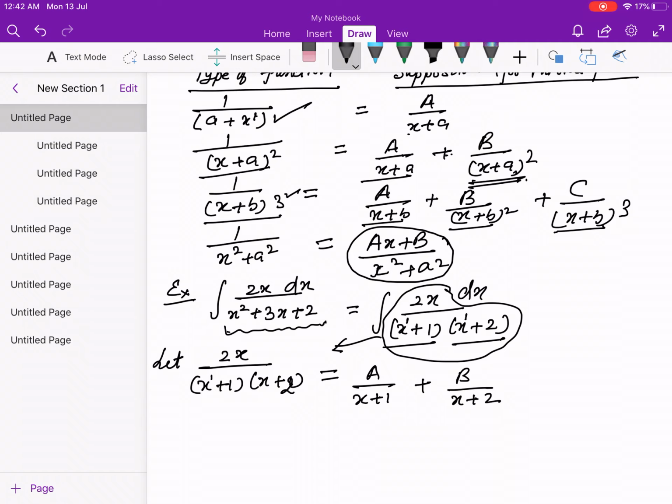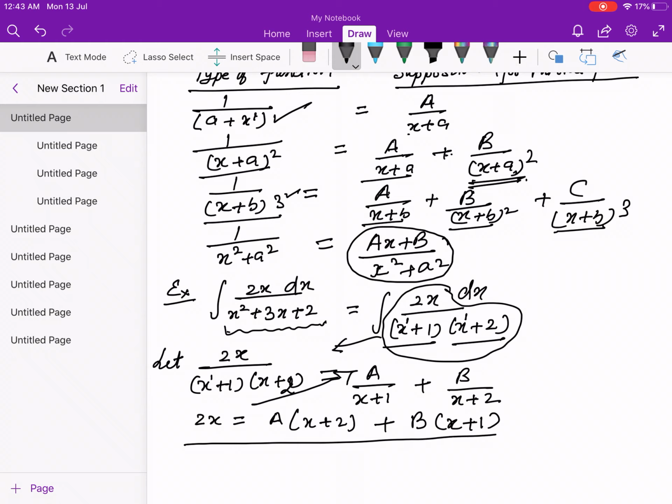Now do the cross multiplication. It follows as 2x equals a into x plus 2 plus b into x plus 1, since the denominator cancelled. So we got this particular expression; let it be statement number 2, and this is 1.